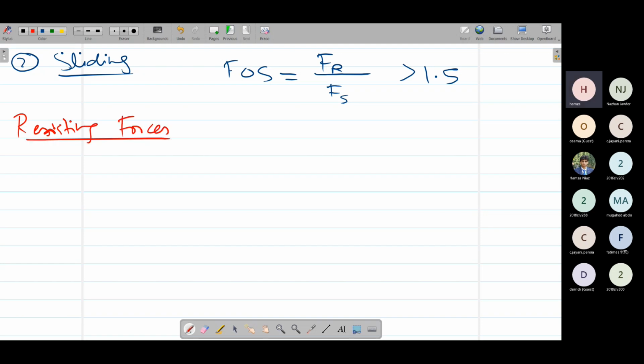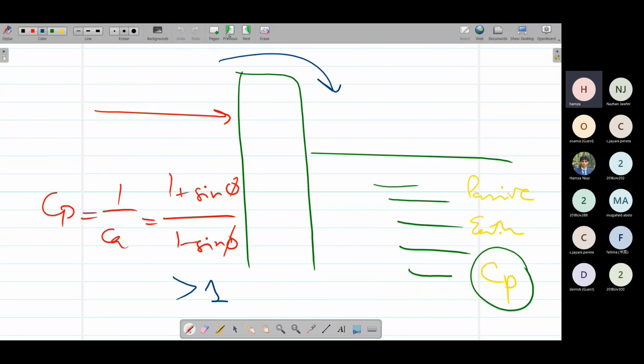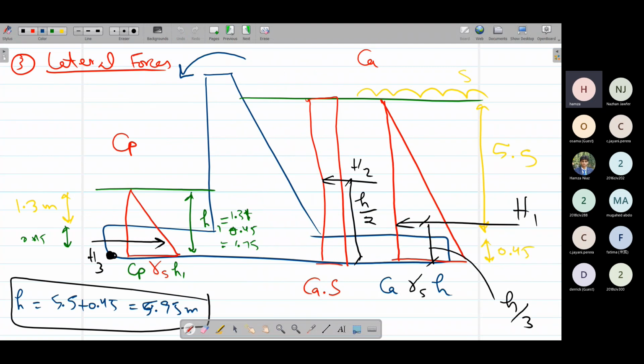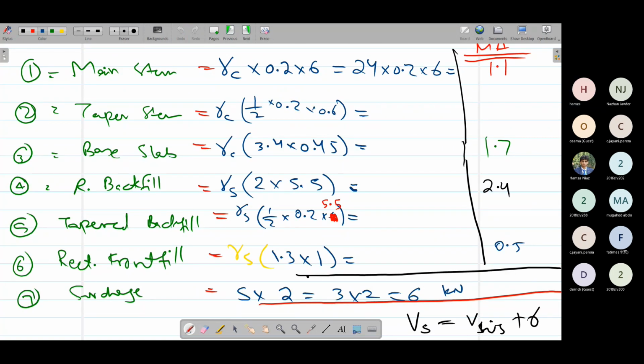Our resisting forces, if I write as Fr, would be simply all the vertical forces that were acting, all these vertical forces without surcharge. Remember, we are going to neglect surcharge for both the overturning and the sliding checks.